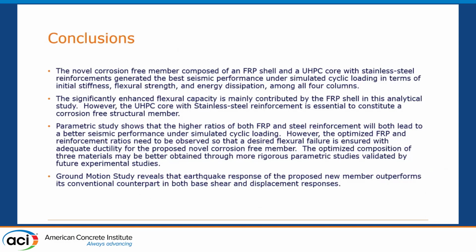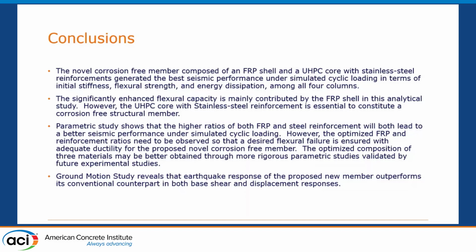Okay, so final conclusions. The corrosion-free member has the highest performance in all categories of seismic performance. The enhanced flexural capacity is mainly due to FRP, and the compressive contribution of UHPC will be greater for compression-controlled members.